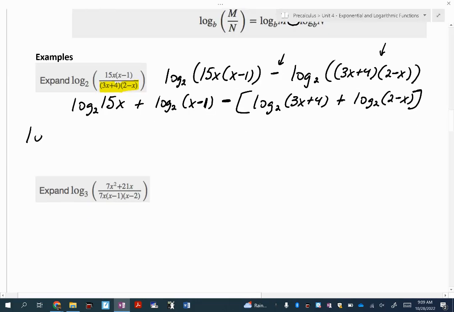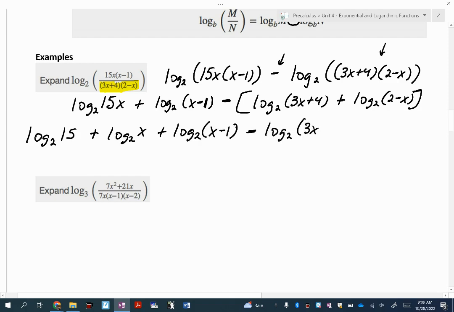So let's keep finishing this. Log base 2 of 15, and then log base 2 of x, I can split that up, plus log base 2 of x minus 1. And now this stuff was in my denominator, so it's going to have subtraction in front of both of them.